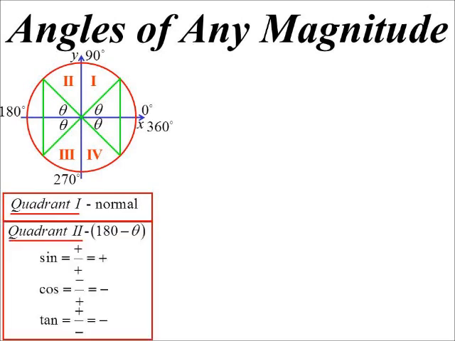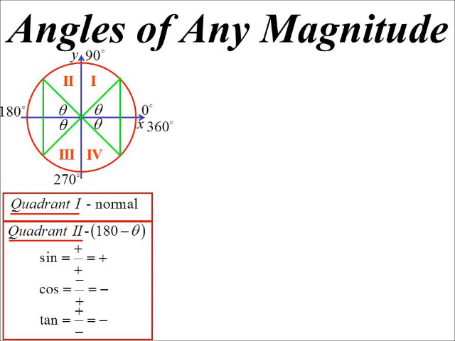The second quadrant, which I call the 180 minus theta quadrant, because the angle that we would measure would be 180 degrees minus the acute angle that we want to turn it into. If we have a look, sine, which is of course opposite over hypotenuse. Hypotenuse we always assume is a positive number, being a distance, the length of the hypotenuse.